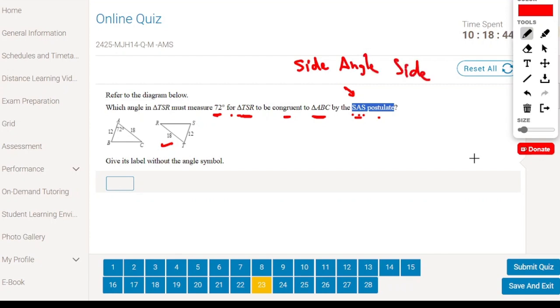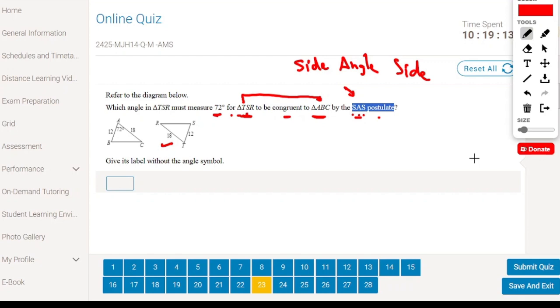Let's see which angle. Side, angle, side. Let's come to the ABC. Here it is mentioned that ABC is congruent to TSR. That means T corresponds with A, and A here is 72, so T would be 72.